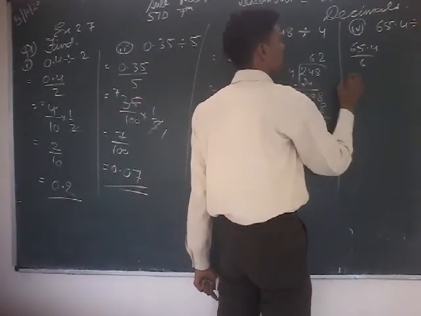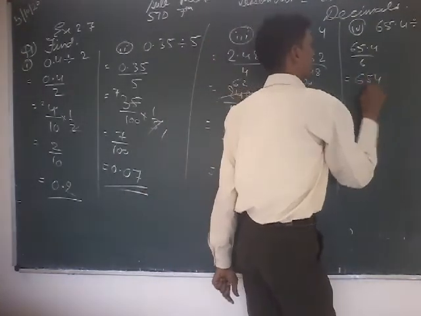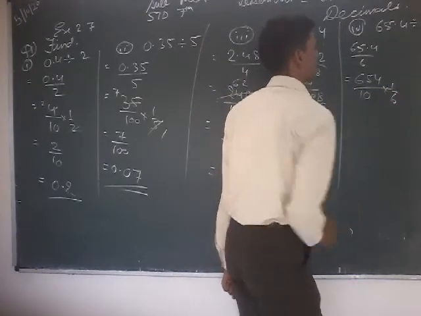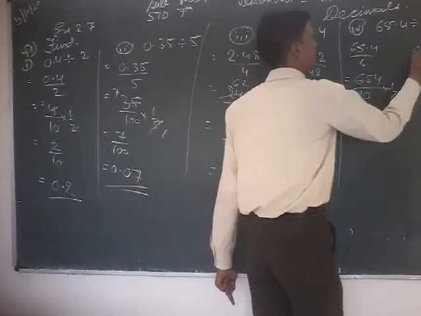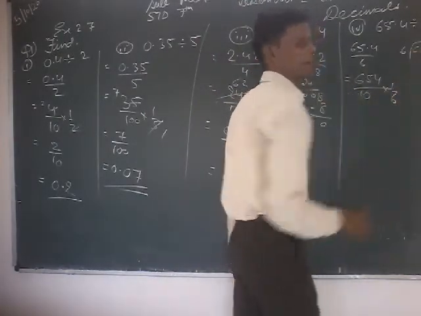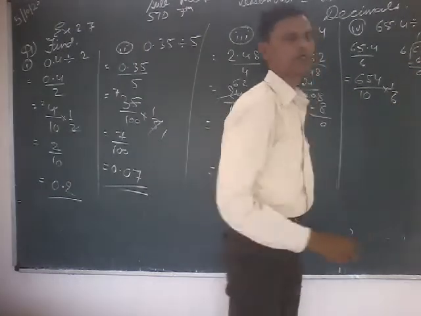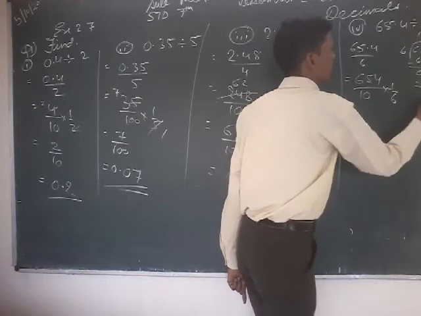65.4 upon 6. There is only one digit after the decimal. So 654 upon 10 into 1 by 6. Again 654 will be divided by 6. 654 divided by 6. 6 ones are 6. 6 minus 6 is 0. Bring this 5 here. 6 zeros are 0, 5.